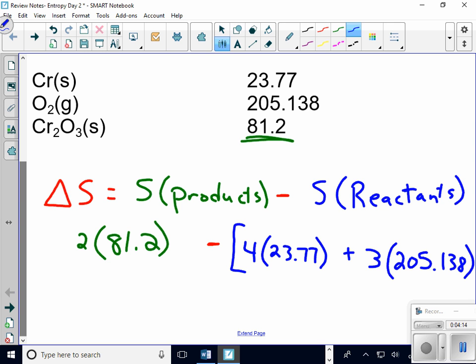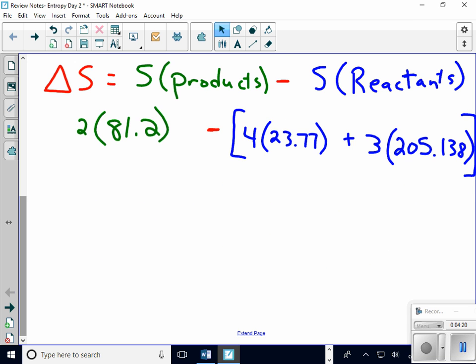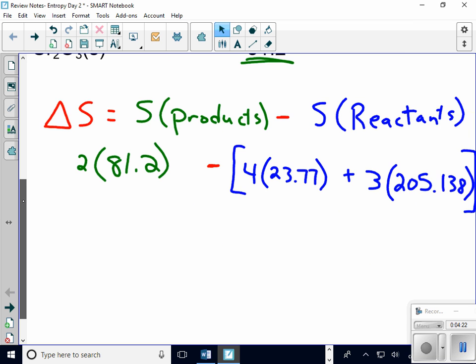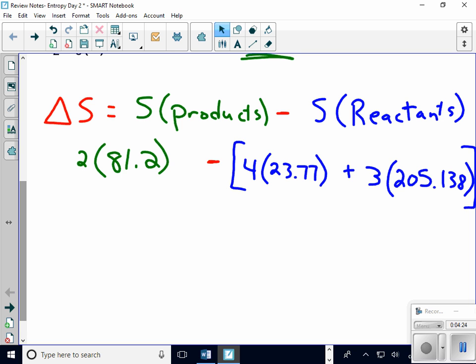Oh, I got to close my big bracket. So that is what I need to do to calculate my entropy.